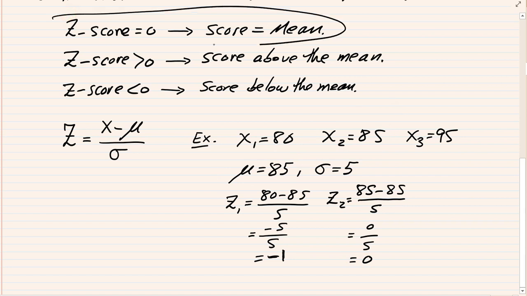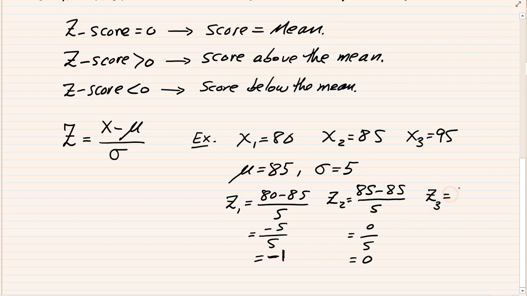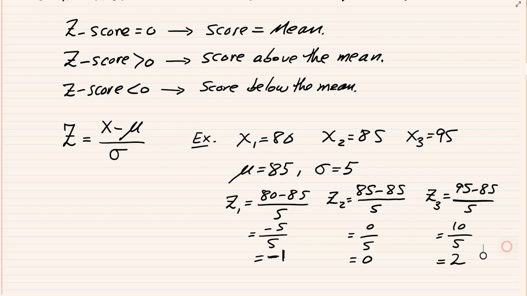And that's what this top item told us. And finally, for x sub 3, this person's z-score is going to be 95 minus 85 divided by 5. This person's z-score is going to be 2. That means this person's score is 2 standard deviations above the mean. So that's all we really are interested in with z-scores.